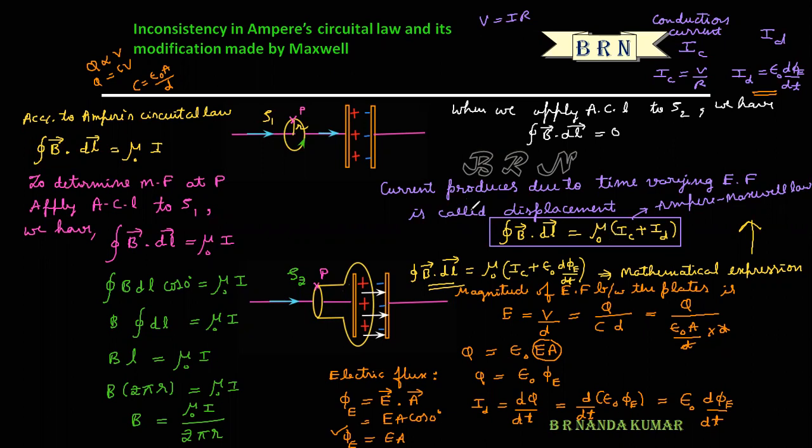This is about the inconsistency in Ampere's circuital law and its modification made by Maxwell. Calculated one way, there is a magnetic field at point P. Calculated another way, there is no magnetic field. So there is some inconsistency in Ampere's circuital law that was removed by Maxwell.